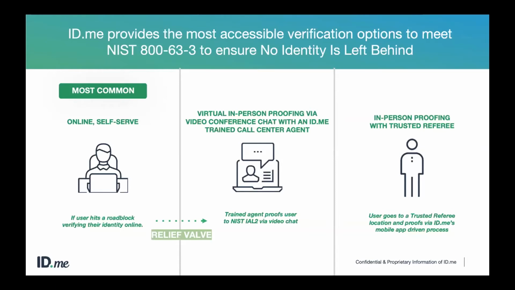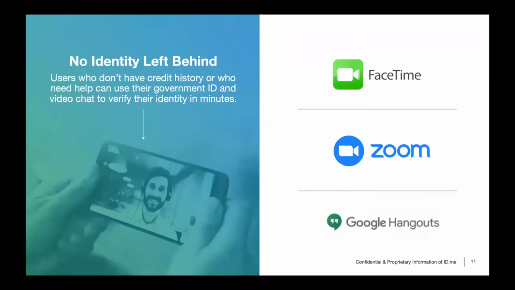If an individual is unable to verify their identity through the self-service flow, maybe they are unbanked and don't have any credit history or don't exist in the credit bureaus, we have built out a solution certified by NIST called Virtual In-Person Identity Proofing. It prompts the end user to set up a video call with one of our team members who sits in our office in Northern Virginia.